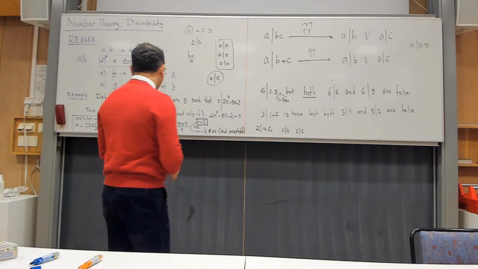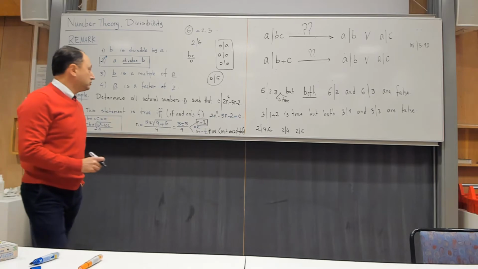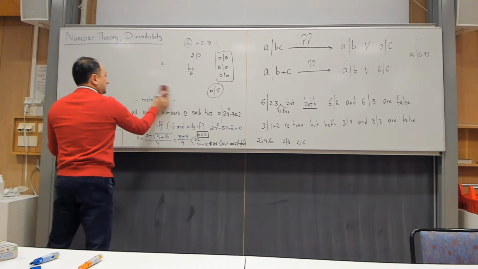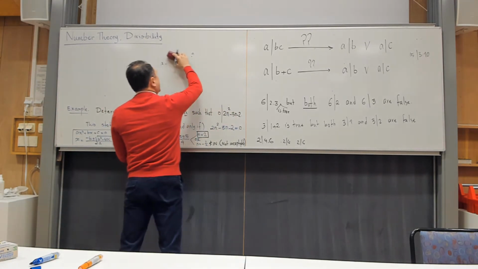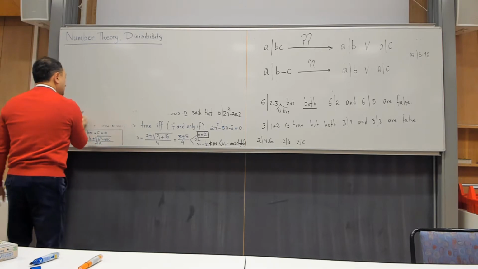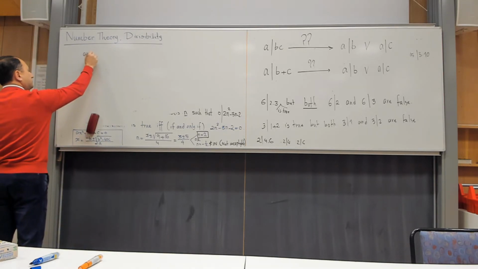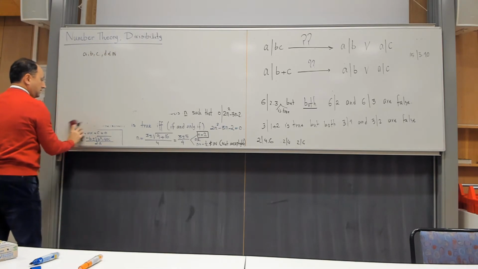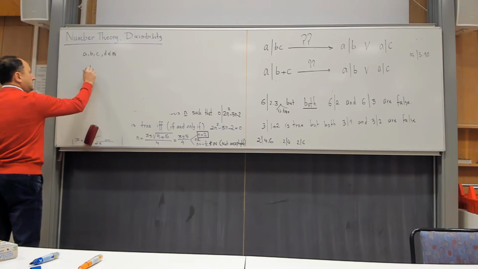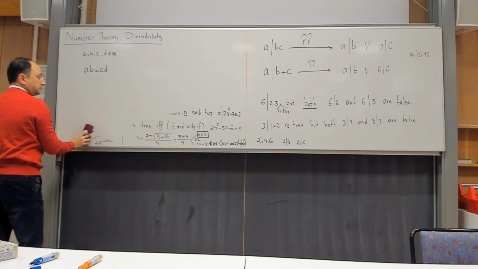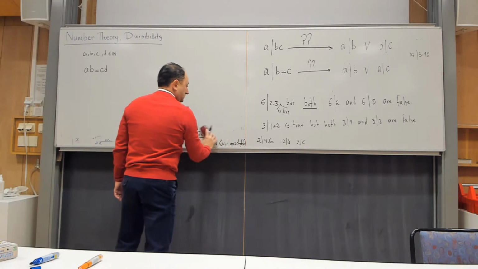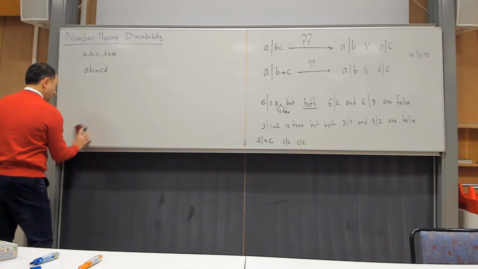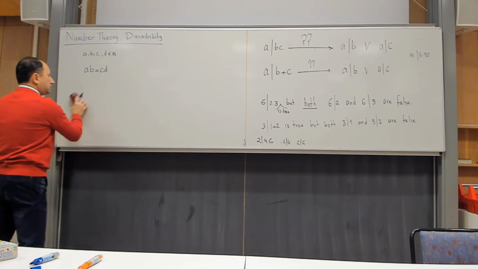Okay. Now let me ask you one more question here. This is very important to realize just in the beginning. So I give you 4 real numbers, let us make it natural, okay? A, B, C, and D belong to the set of N. And I tell you that A times B is equal to C times D. Let us write some statements.